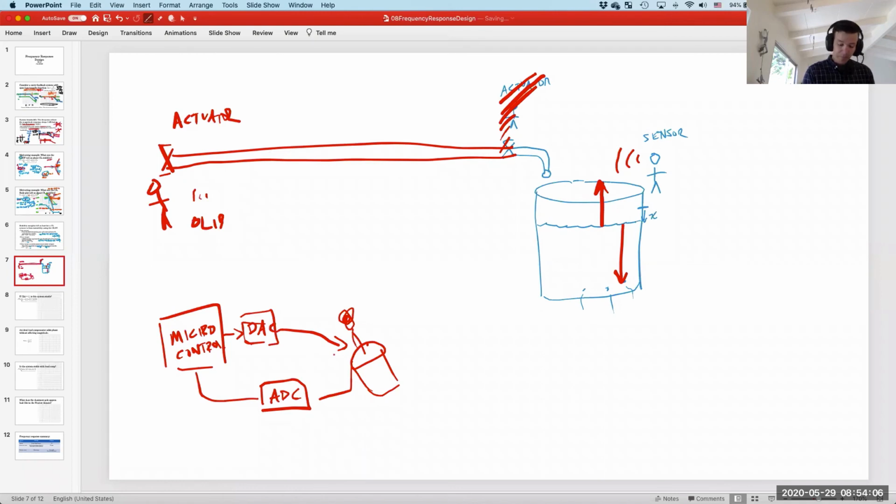Now, I don't know about you, but I don't know how long it takes an ADC to convert a single bit's worth of data or bytes worth of data. I also don't know how much time it would take a microcontroller to read that, process it, perhaps call from memory if it's doing some kind of integration, add to that memory bit, save that memory bit, and then send out the new signal.